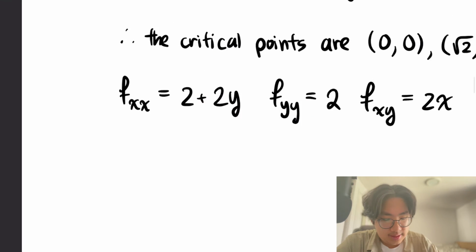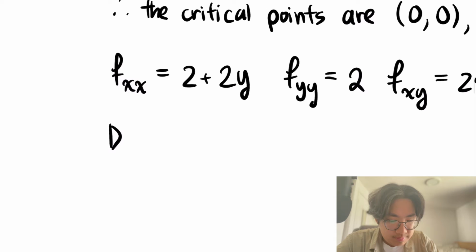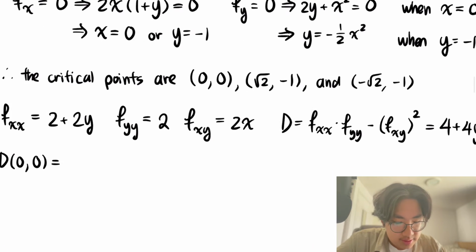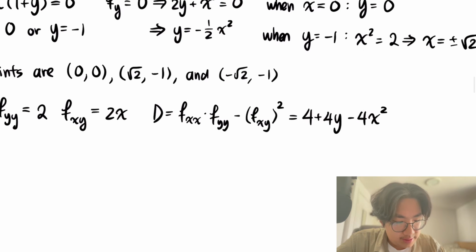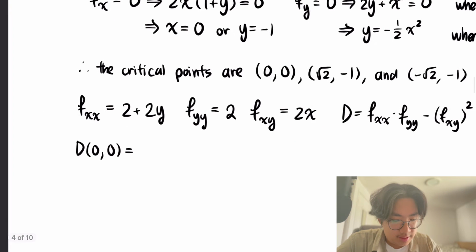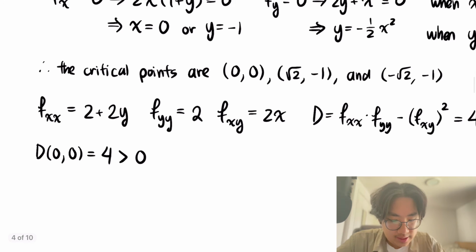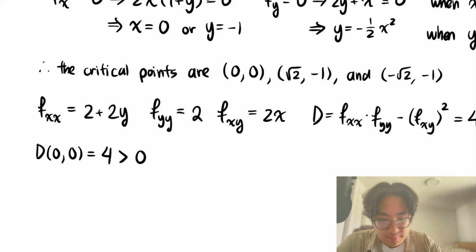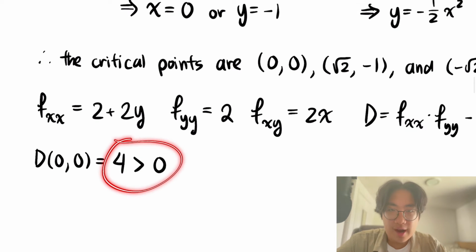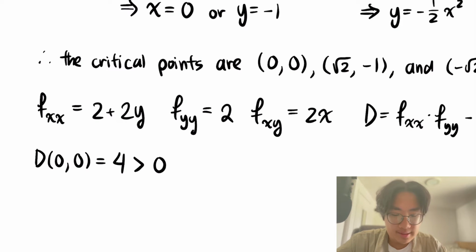Okay. Now, the next step is we need to evaluate this second derivative test at each of the critical points. So D of 0, 0. Plugging 0 and 0 into this formula, this goes to 0, this goes to 0. So we know that it's just equal to 4, which is greater than 0. With that in mind, we can also see the sign of f sub xx. It's also positive. Whenever this is positive, we have either a local minimum or a maximum.